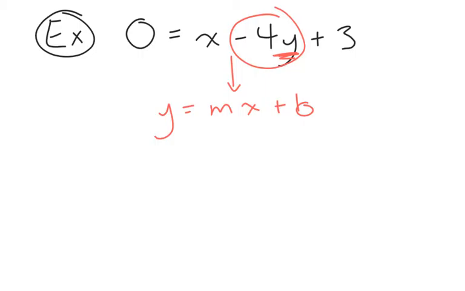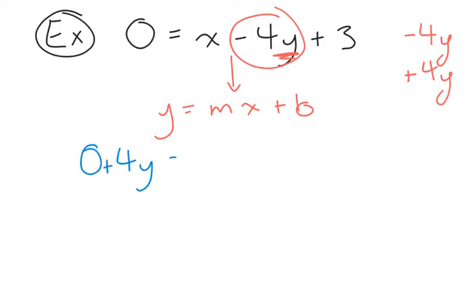You want to ask yourself, what is the opposite of negative 4y? Well, the opposite of negative 4y is positive 4y. So what we're going to do is we're going to add 4y to both sides of the equation. So I'm going to have 0 plus 4y equals x minus 4y plus 4y plus 3.